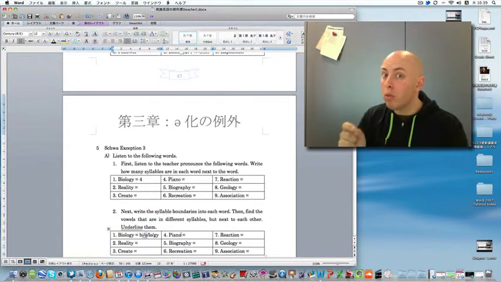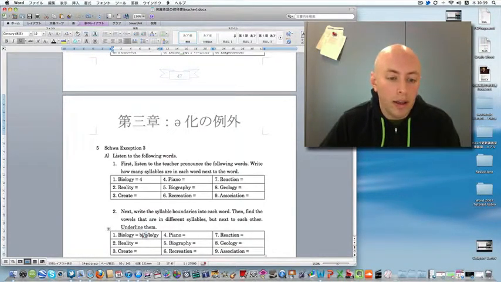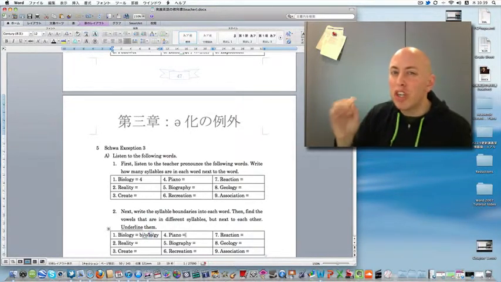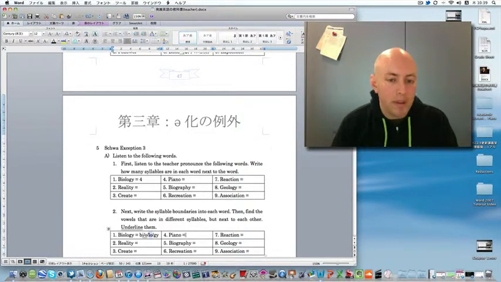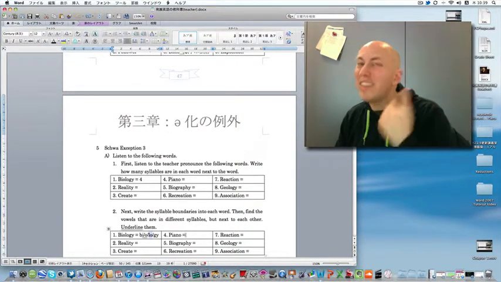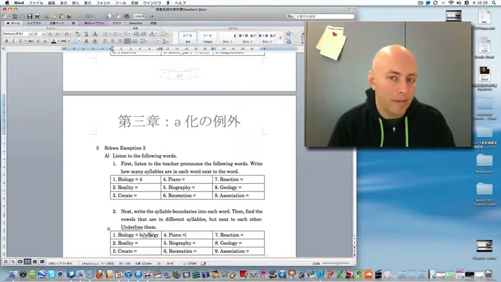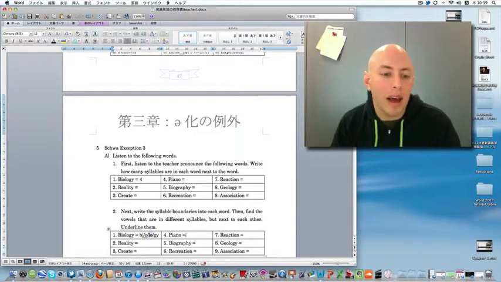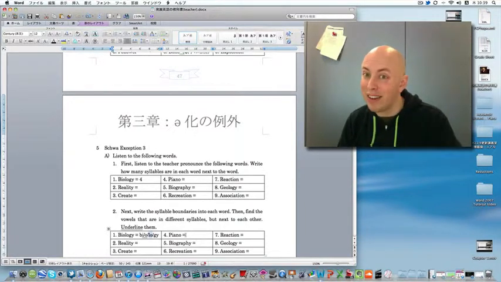So according to the rule I've taught you so far, the I in the first syllable and the O in the third syllable should change to schwa. The LO does change to a schwa, but the I in the first syllable does not.